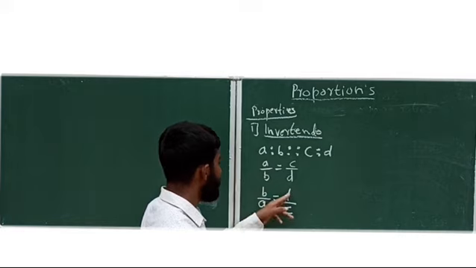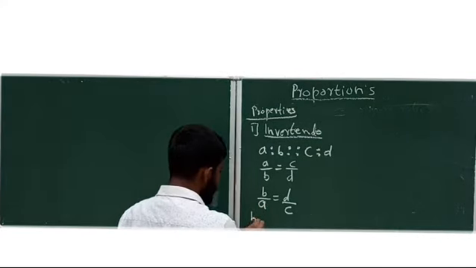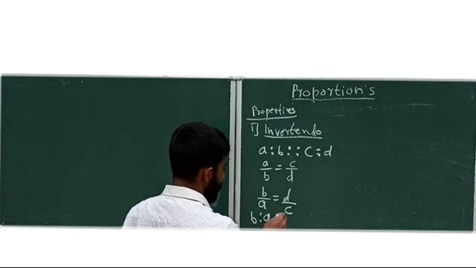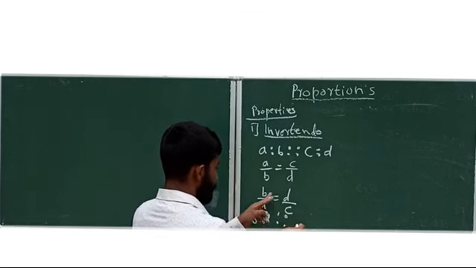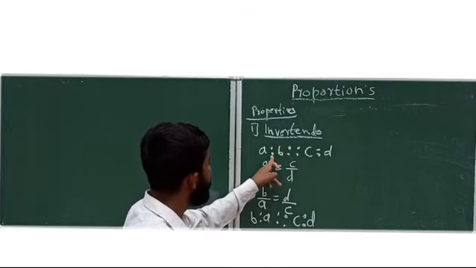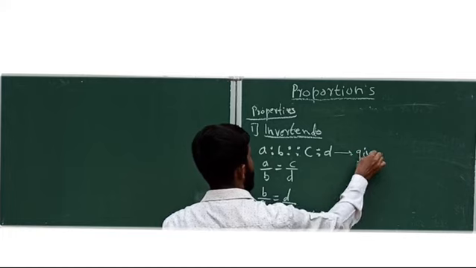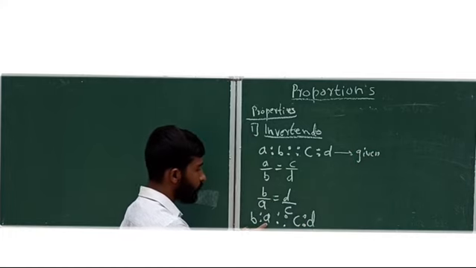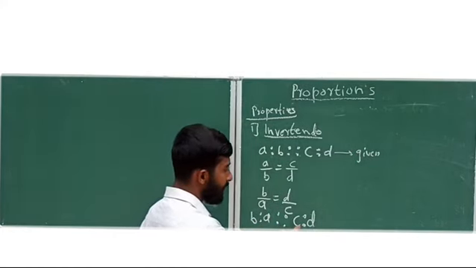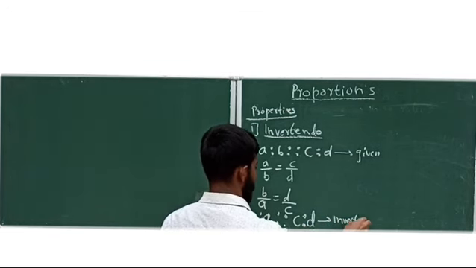Now your ratio becomes B ratio A proportional to C ratio D. If A ratio B proportional to C ratio D is given, then B ratio A proportional to D ratio C, we call it invertendo.